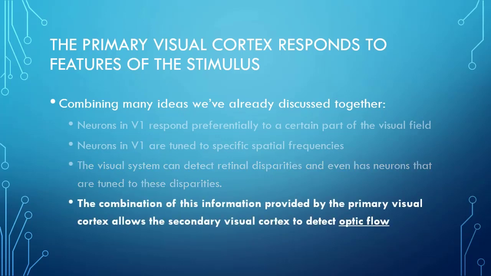So if you put this together, and this is maybe one of the more profound ideas of this vision lecture, then you can imagine that spatial frequencies change as something moves. So let's go back to that example that I used once before. If you hold up 4 fingers 2 or 3 inches from your nose, and you move them back and forth this time, move your hand completely out, extend it all the way out, and then bring it back to your nose, and do this over and over again.